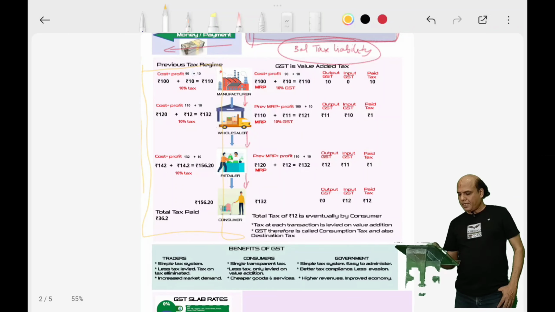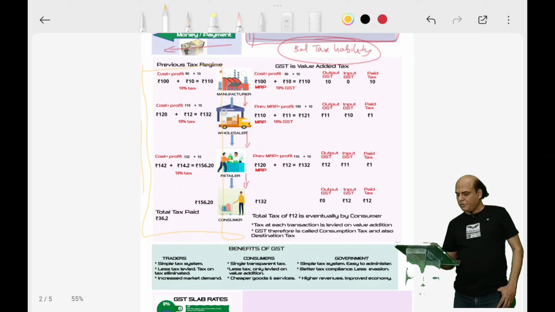So 90 plus 10, 100 rupees is the MRP. He has marked the goods with an MRP of 100 rupees. Now on this, suppose 10% is the tax that needs to be paid. So he will pay 10 rupees on this 100, so it comes to 110. When a wholesaler buys these goods from the manufacturer, he will pay 110 rupees. Now 110 rupees will be the cost for the wholesaler.